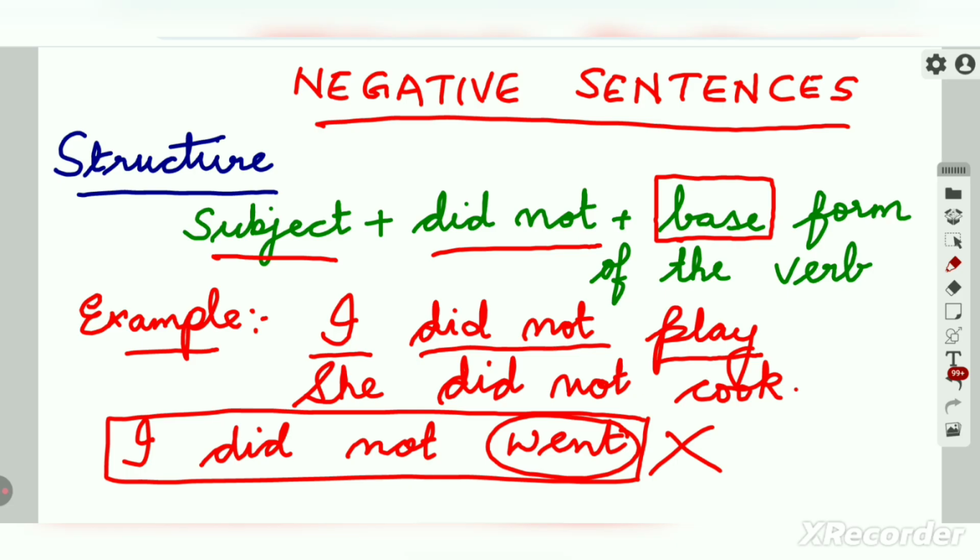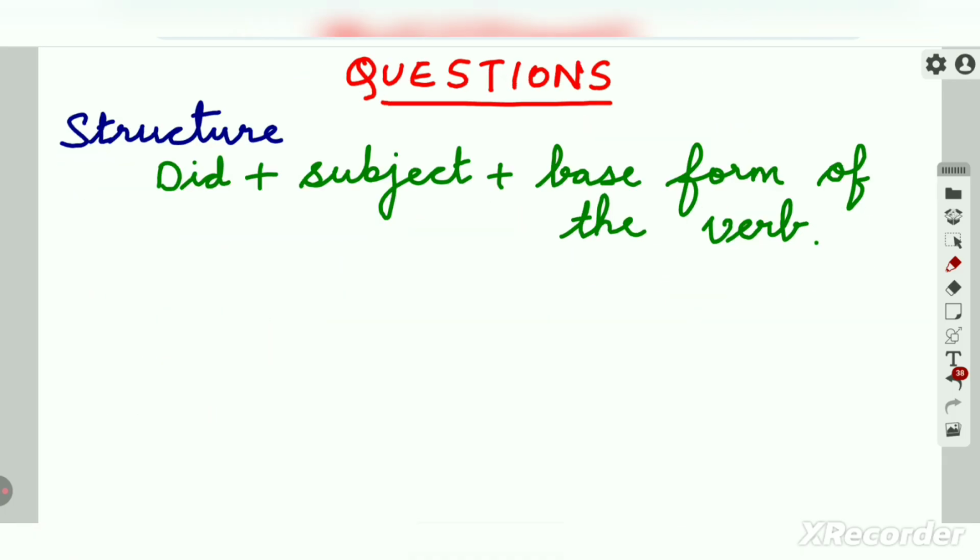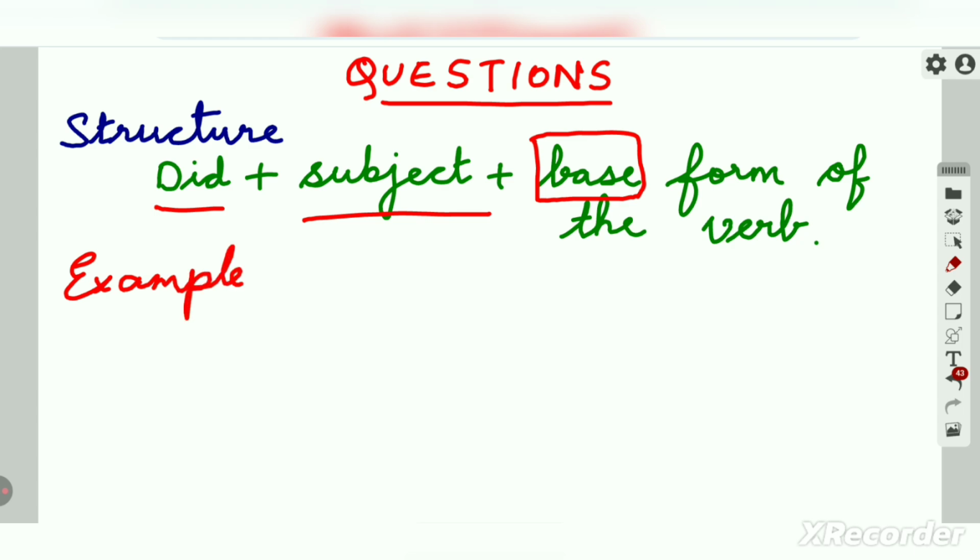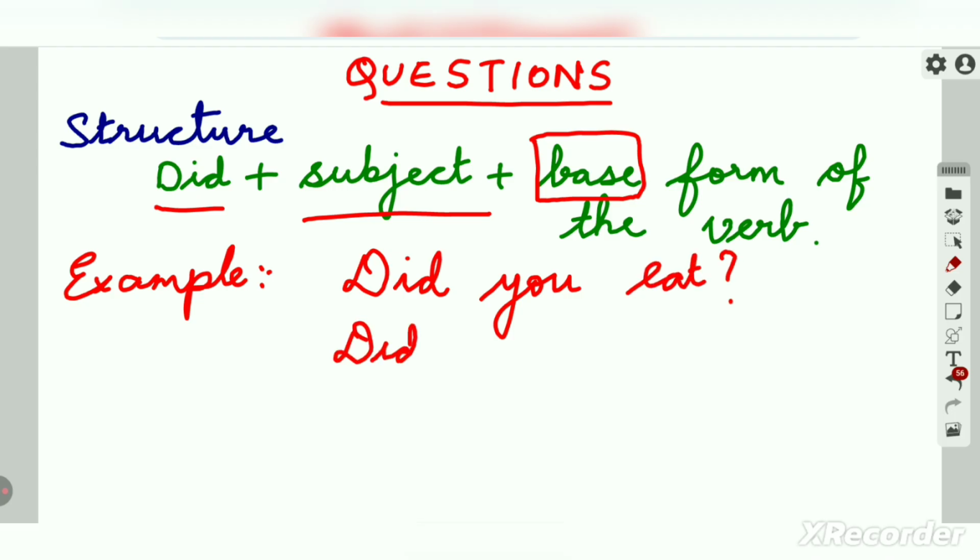Now moving on to how to form questions in simple past tense. Here the structure is did plus subject. Again here the base form of the verb. For example, did you eat? Did she come?